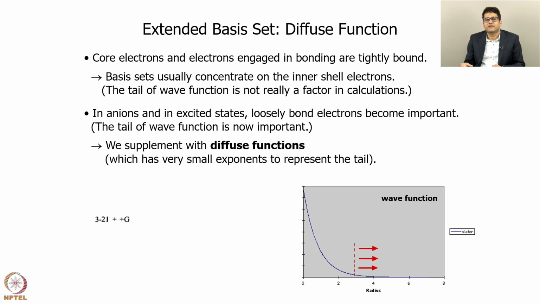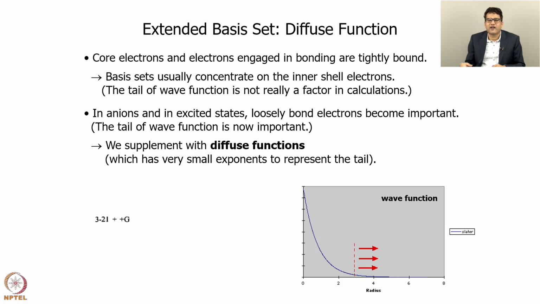In most cases the basis sets are concentrated on the inner shell electrons, because core electrons are very tightly bound, so they are not so important for chemical properties, and the tail of the wave function is not really a factor.